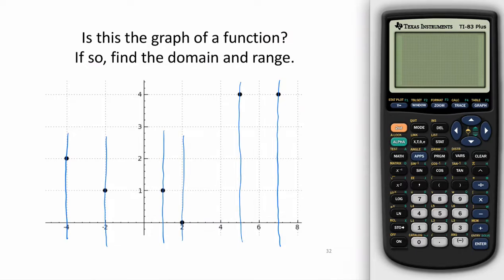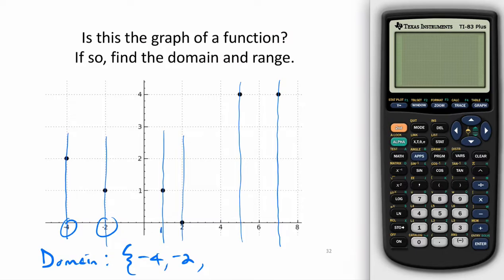And by thinking about these vertical lines that do intersect the graph, each one of those is identifying a value in the domain of the function. So the domain here of our function would be: -4 is in the domain, -2 is in the domain.